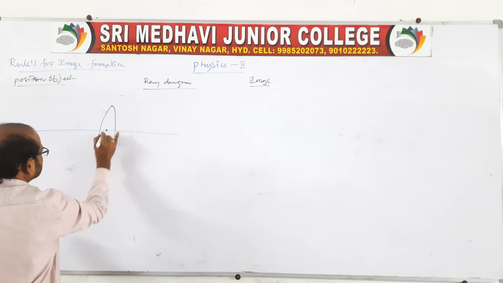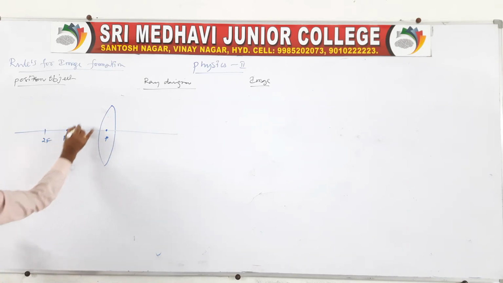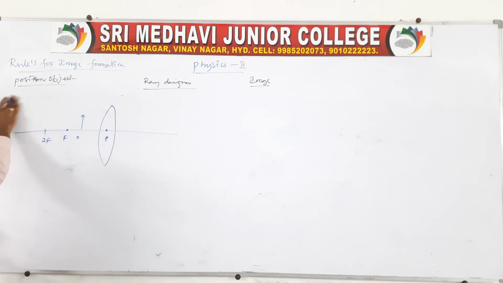Alright, so it is the optic center, the focus point F, and 2F. Therefore, the object is placed between F and the optic center. Of course, the image will be virtual, on the same side, enlarged and erect. See, the image will form like this.